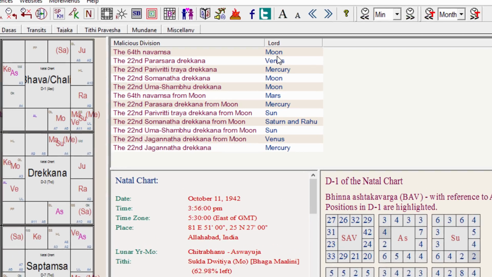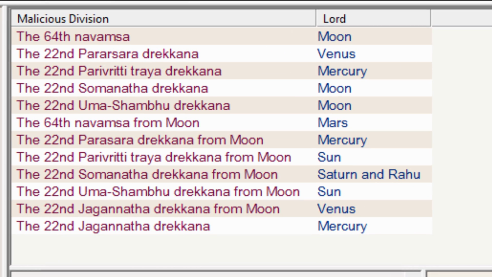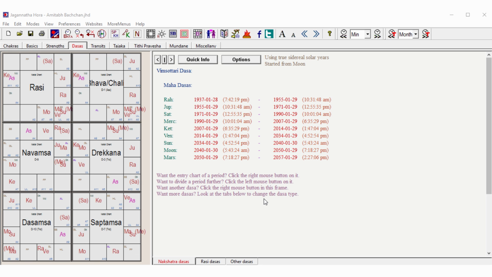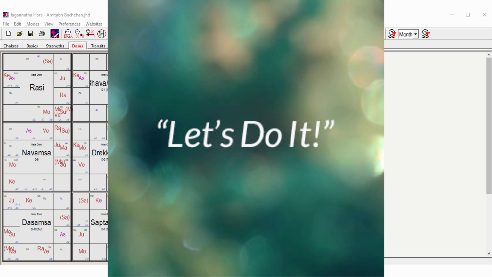The 64th Navamsa is the Moon, because the Moon happens to be the lord of this sign, Cancer or Karkataka, which is the 4th from the Navamsa Lagna. Now that we have understood what is the 64th Navamsa and how to calculate it, let's move on to the next topic. How do we use the knowledge of the 64th Navamsa?